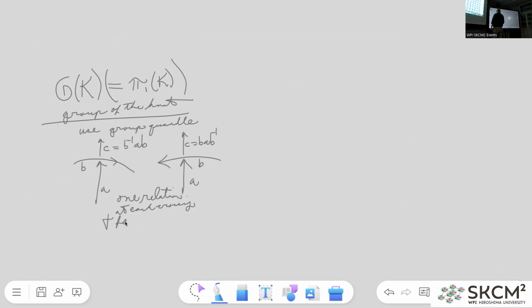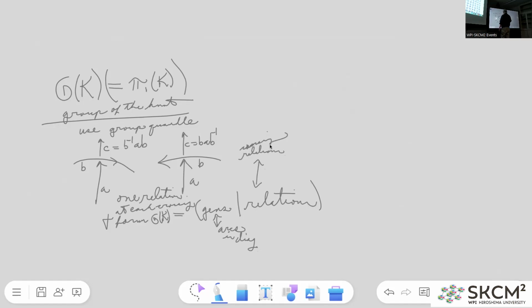We form the group equal to a set of generators and a set of relations, where the generators are in one-to-one correspondence with the arcs in the diagram, and the relations are in one-to-one correspondence with the crossing relations. So you see how that's going to go? Let's do it for a trefoil.